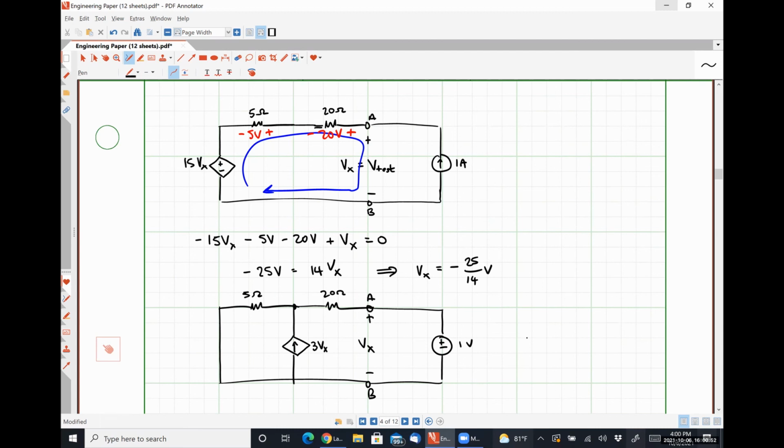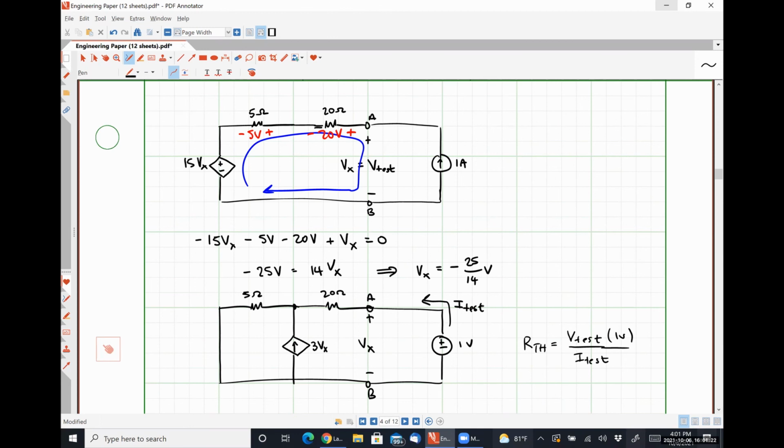My expectation is that the Thevenin resistance will simply be the ratio of V test over I test, where my test voltage is that 1 volt source. So what I'm looking for is the current flowing out of the positive polarity terminal of my test source.